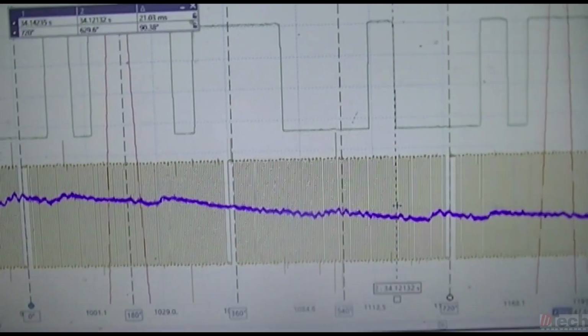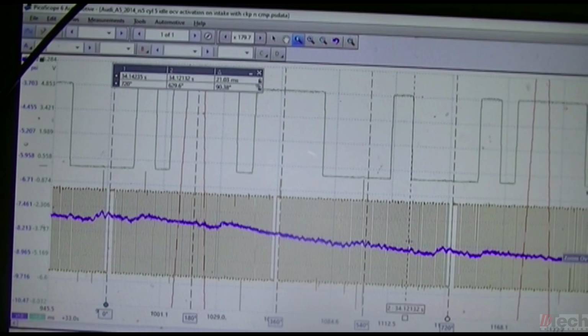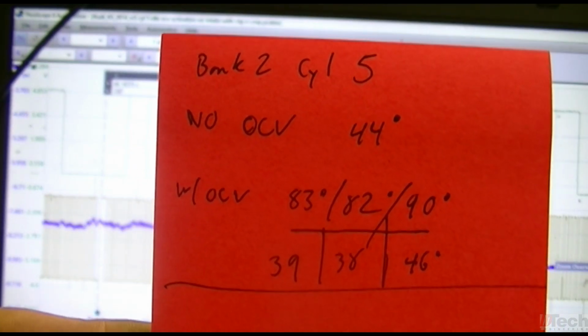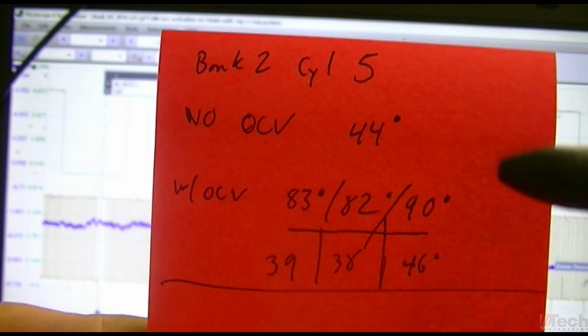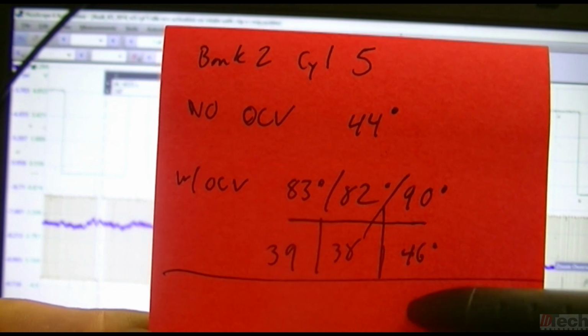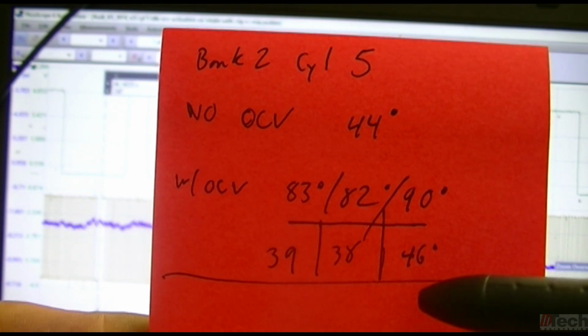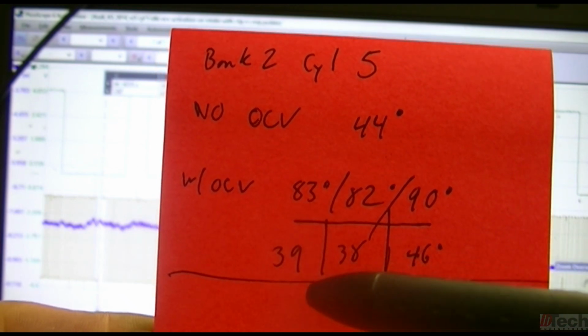And on this third cycle, we are actually getting 90. So as far as what we got, our starting point was 44 degrees. These are our travel points that it reaches, so the amount of advance that we have going on cylinder 5 bank 2 intake is going to be 46, 38, 39.